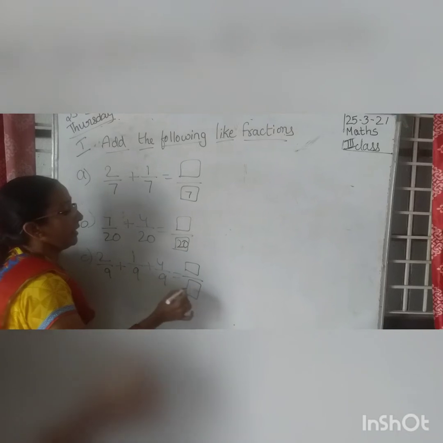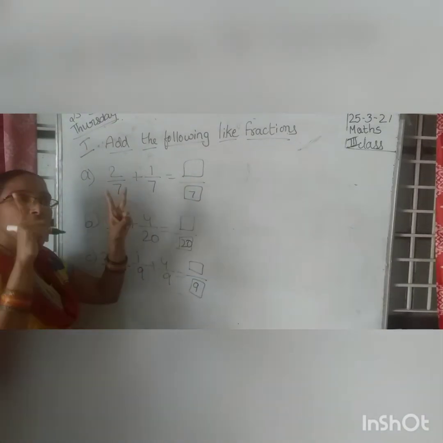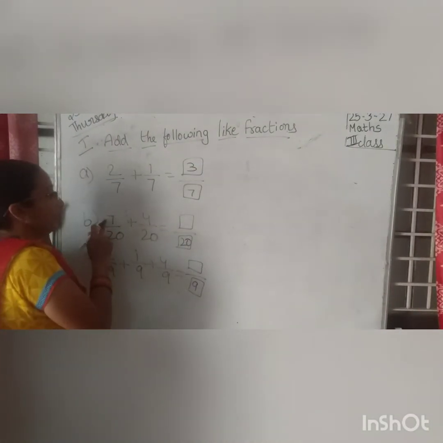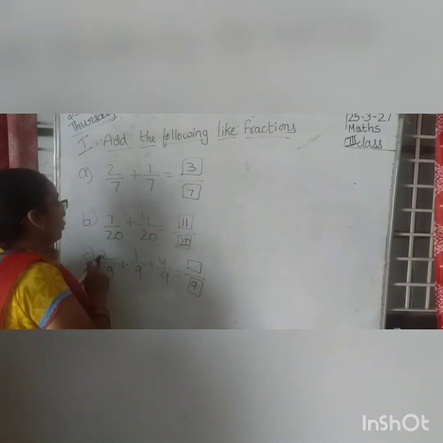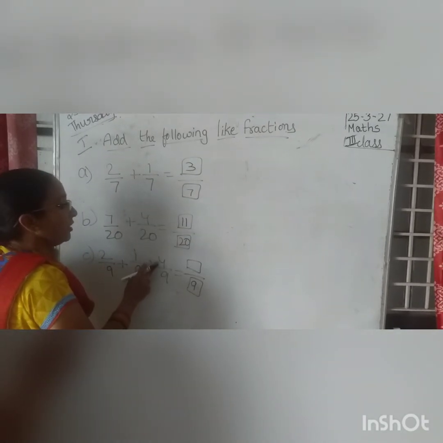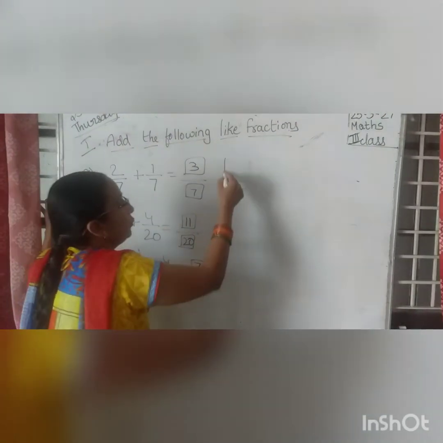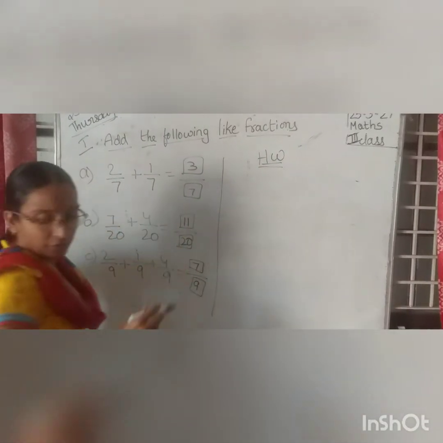Here 9, 9, 9. Yes. Here 2 plus 1. How much? 1, 2, 3. 3. Here 7. After 7: 8, 9, 10, 11. 11. 2 plus 1 is 3. 3 plus 4 is 7. Like this. Did you all follow how to add? Yes. This 3 I wrote for you, no? This 3 for homework. The same way subtraction also, children.